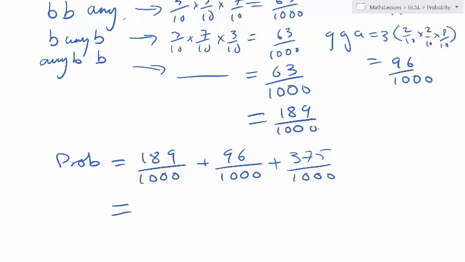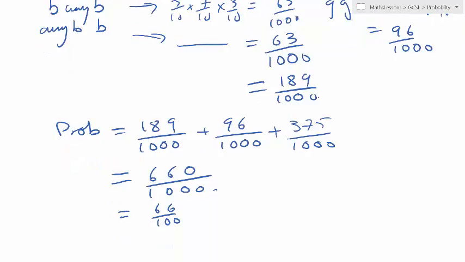And we get 660 over 1,000. So we can cancel that down to get 66 over 100, or we just get 0.66. And I suppose we could cancel this down as a fraction, 33 over 50. So either of these 2 answers will be fine.